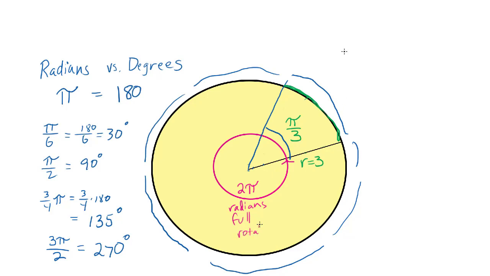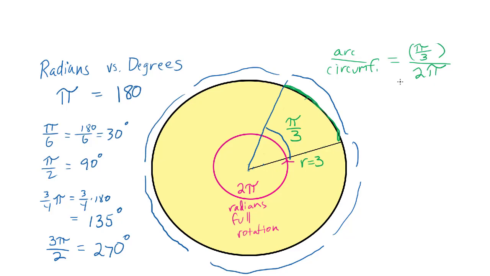Well, I know the ratio of the arc length to the full circumference of the circle from our last lesson equals the ratio of the central angle, which is now in radians, pi divided by 3, to the full rotation of the circle. Well, I'm not talking 360 degrees anymore. A full rotation of the circle is going to be 2 pi.